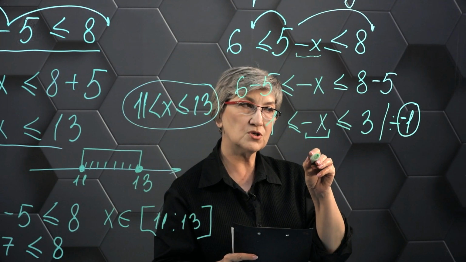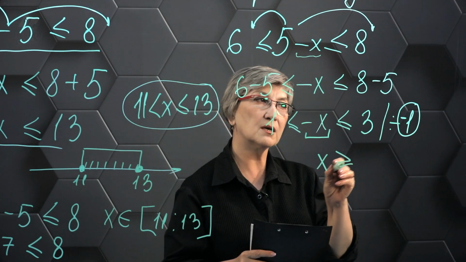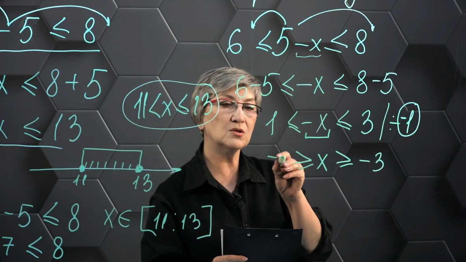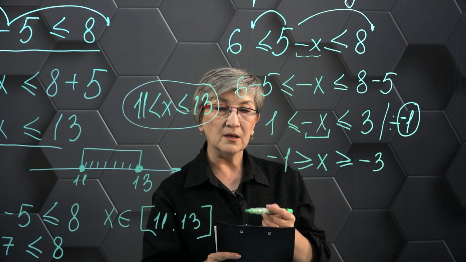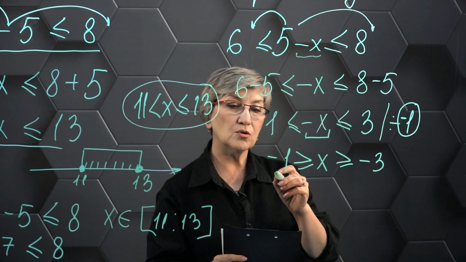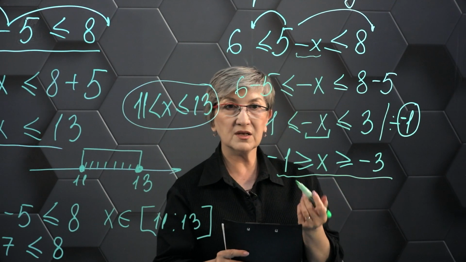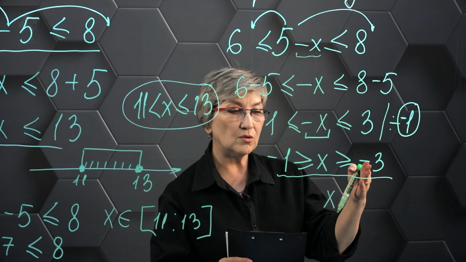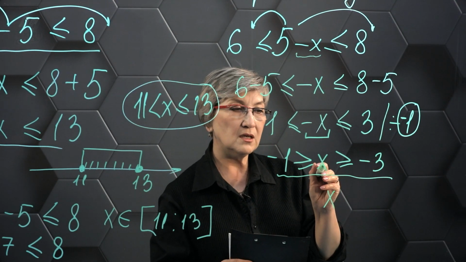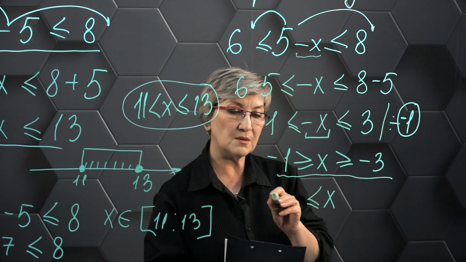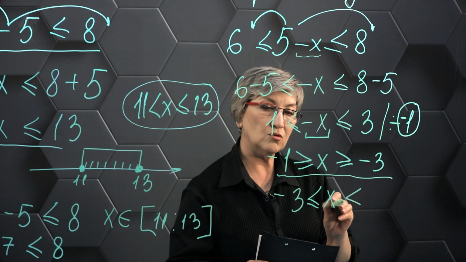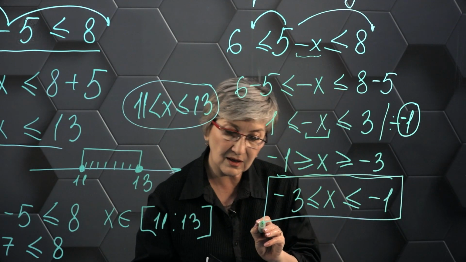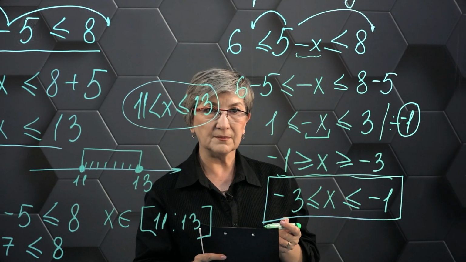That is, as a result, we get x is greater than or equal to minus 3, but less than or equal to minus 1. But we talked about the fact that in this form, double inequalities are not written in mathematics. Therefore, I will write x is greater than or equal to minus 3, but less than or equal to minus 1. And this answer will be the correct answer.